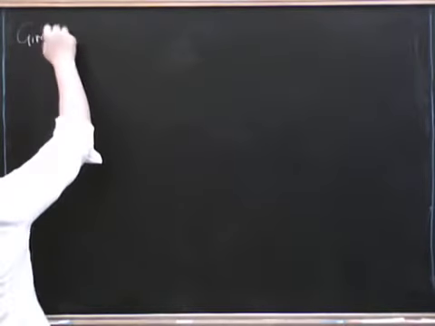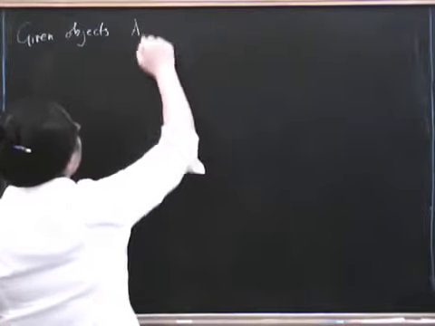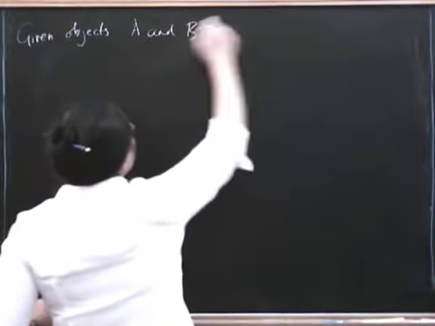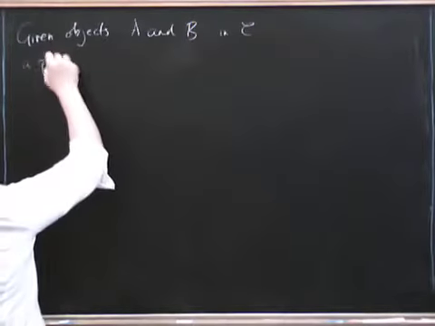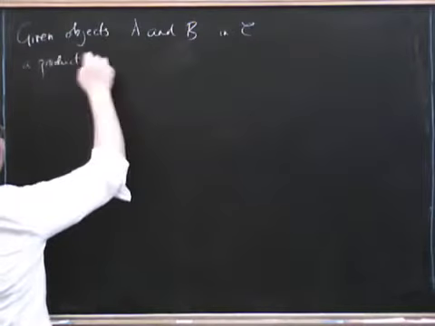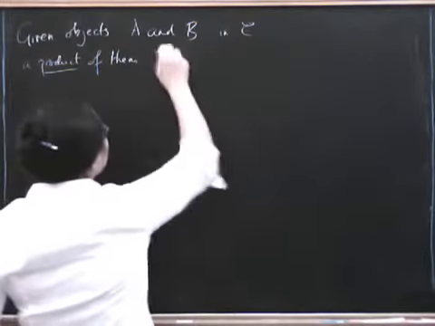Given a pair of objects A and B in a category, a product of them is given by the following thing.